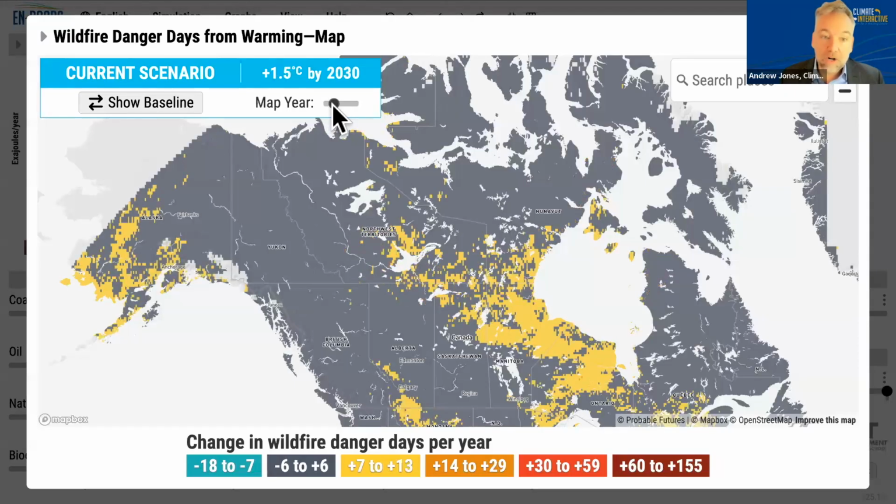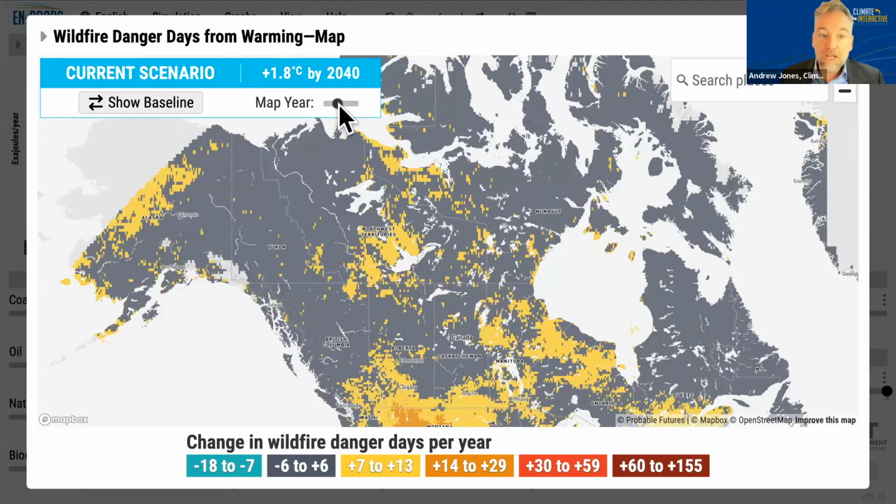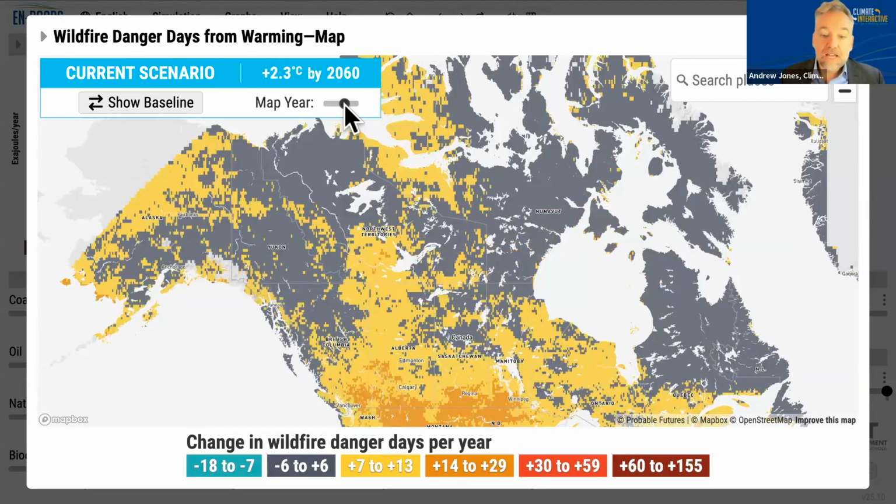This is where we're going at 1.5, then 2040, 2050 at 2 degrees. And then we're starting to see that shift, particularly in some of these areas. You can see Calgary, Winnipeg, Regina, more like 2 weeks to a month, that orange area.